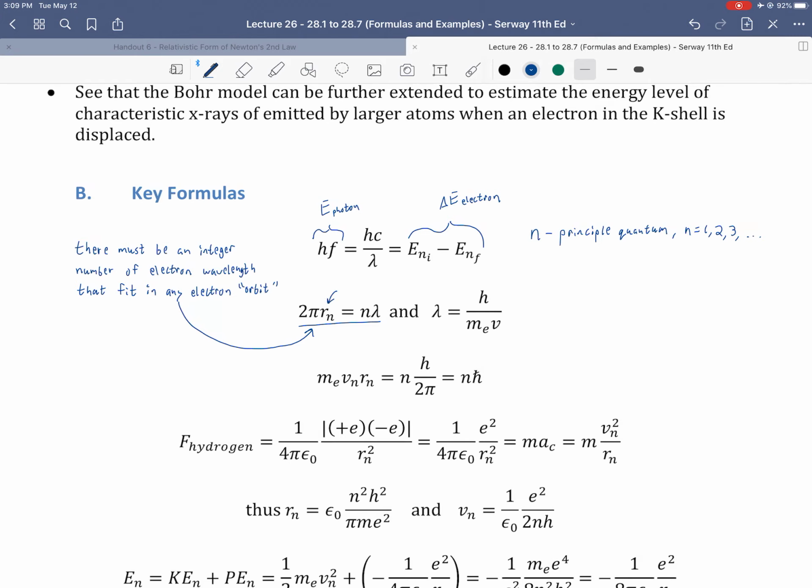Okay? So that's what R is. This is the radius of the nth energy state. In other words, the nth orbit. So radius of nth energy state. Okay, and by energy state, I mean orbit.